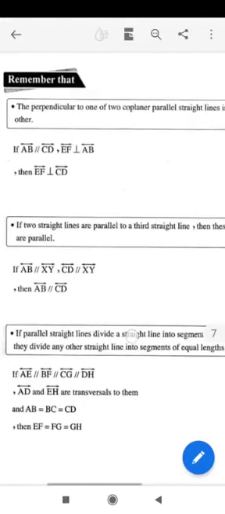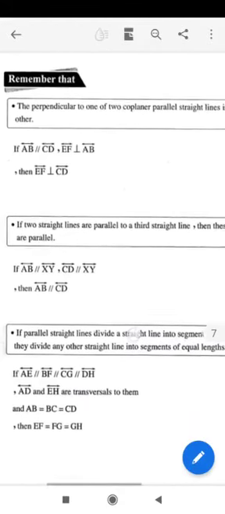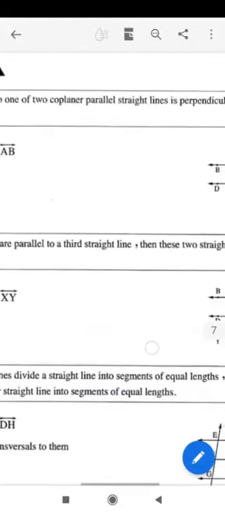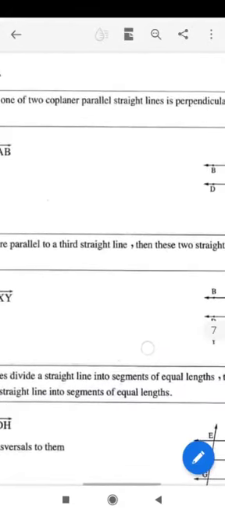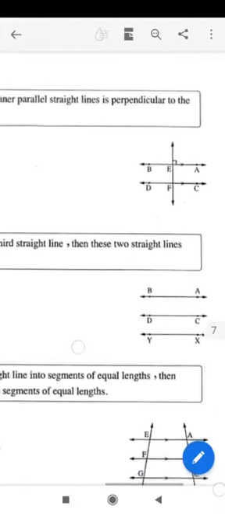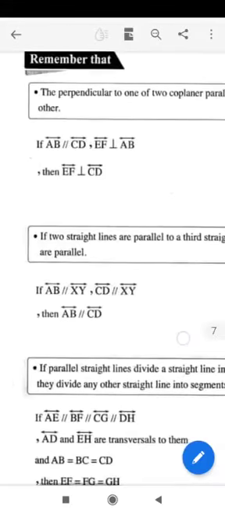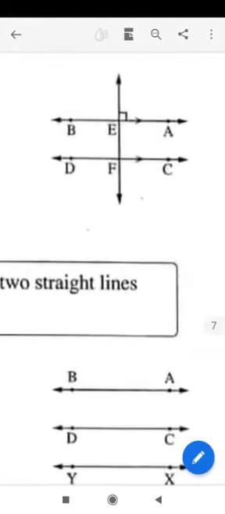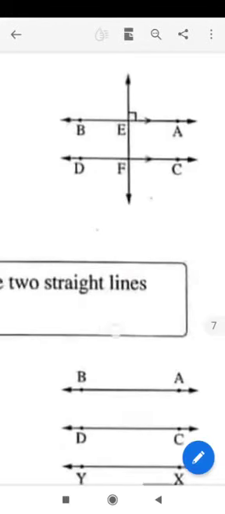Now we will talk about the final thing. Remember that a perpendicular to one of two parallel straight lines is perpendicular to the other. It means if we have two parallel straight lines and a third straight line intersects them and is perpendicular to the first, it will be perpendicular to the other.